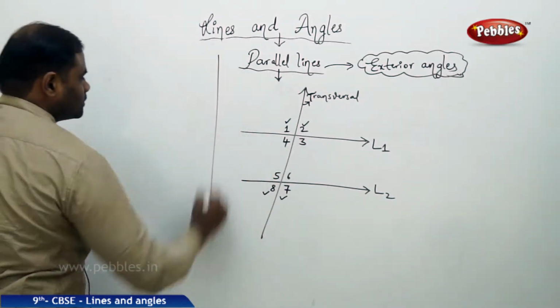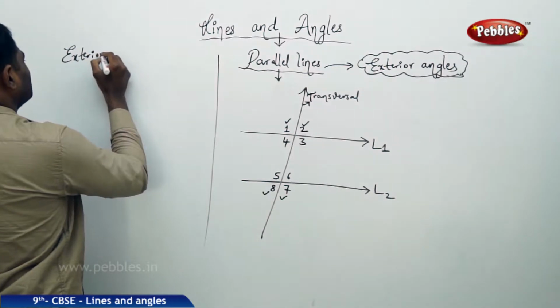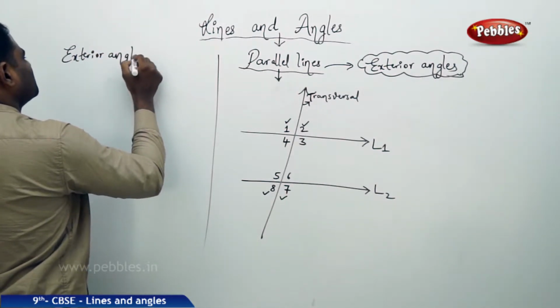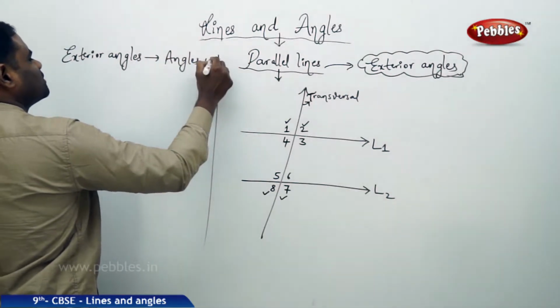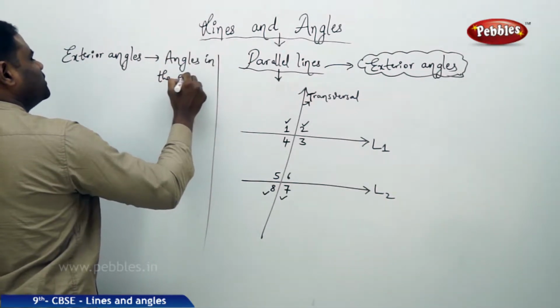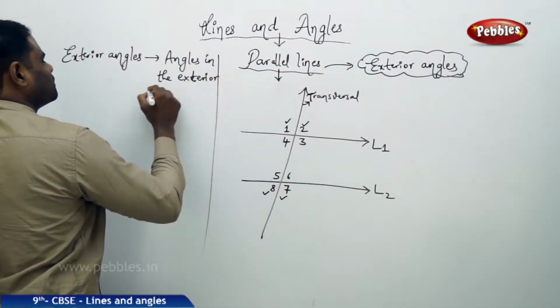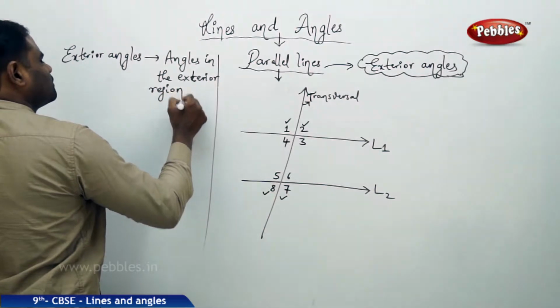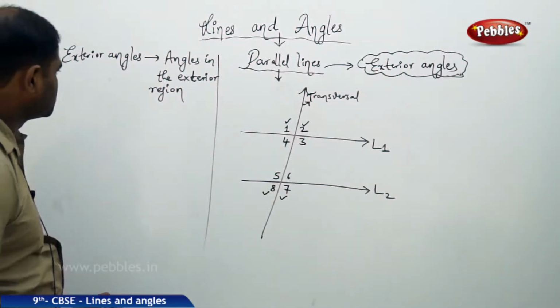Exterior angles are defined to be angles in the exterior region of the parallel lines.